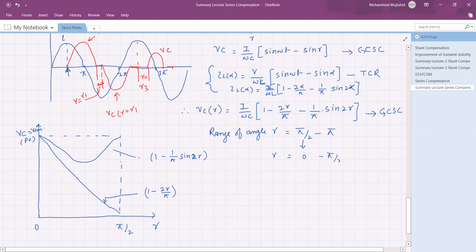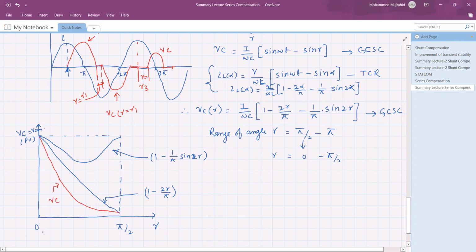This is this relation. And therefore, finally, we get the addition of these two, which gives the voltage across the capacitor. This is the total voltage VC.